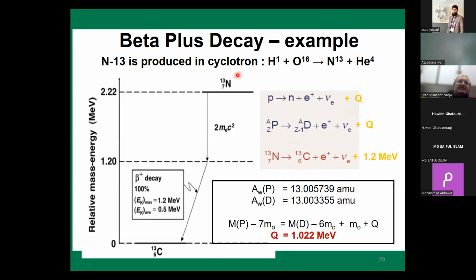So this is one example of nitrogen 13 decaying through beta positive decay to carbon 13. And here you can see that this nitrogen with 7 protons decreased to carbon with 6 protons, with the same nucleon number.